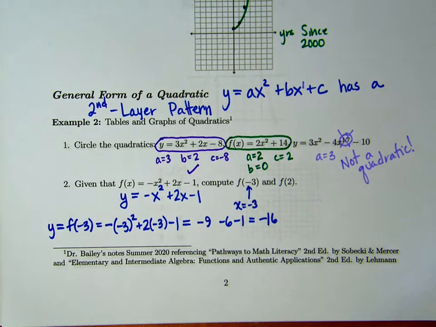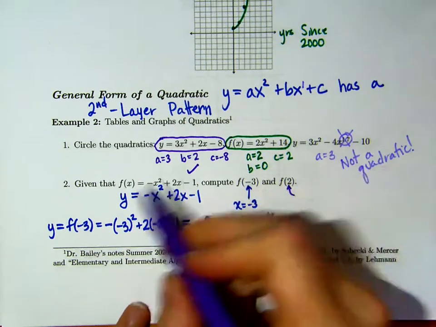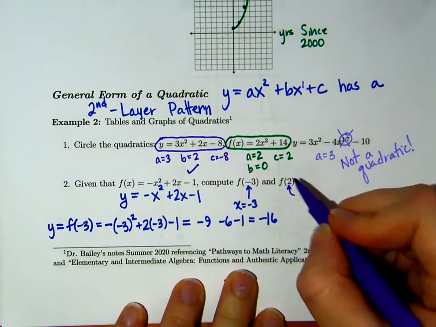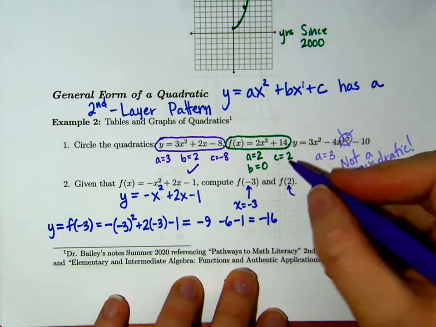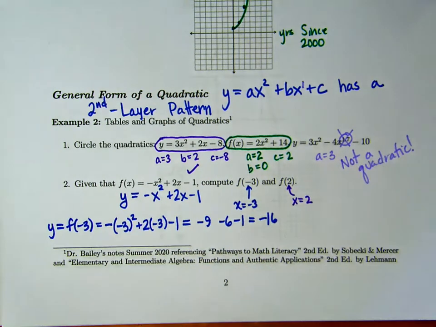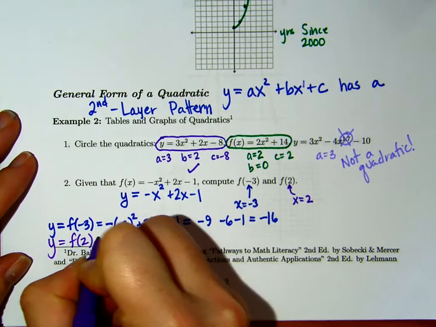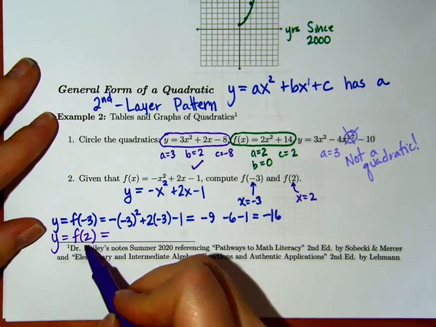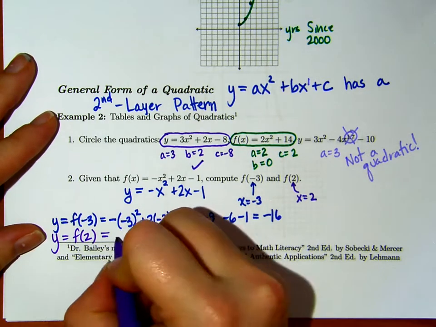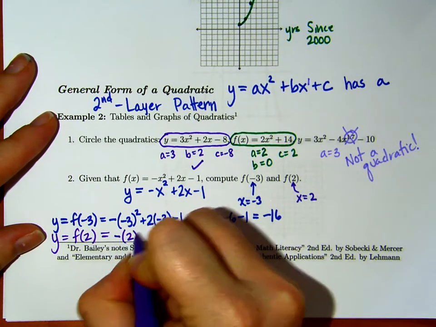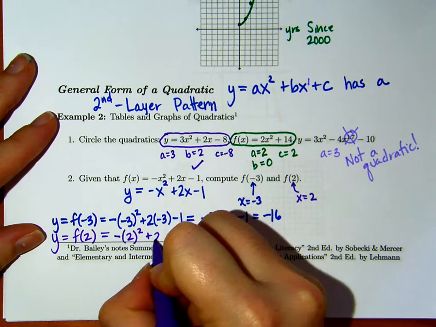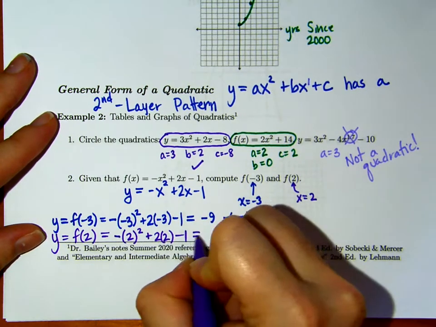Okay, and now let's do the same thing for f of 2. So this is reading x is taking on the value of 2. So when x is 2, the y value is the opposite of 2 squared plus 2 sets of 2 minus 1.